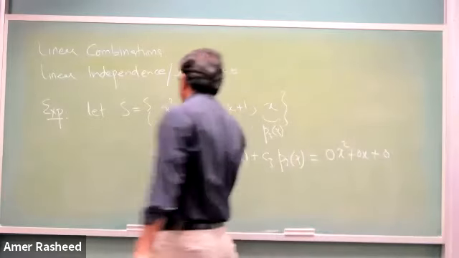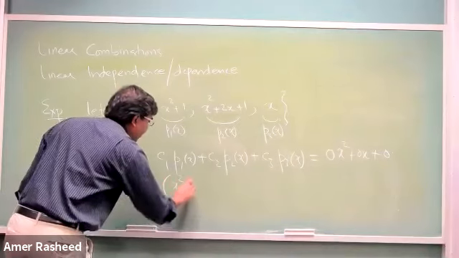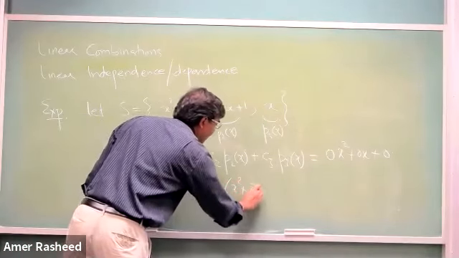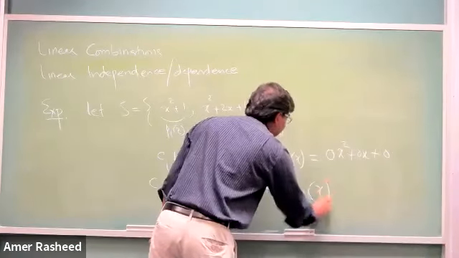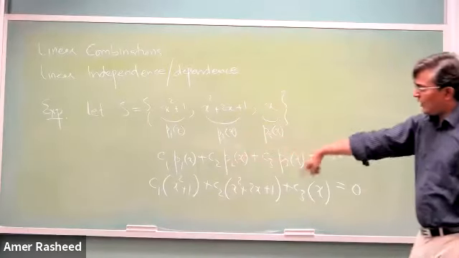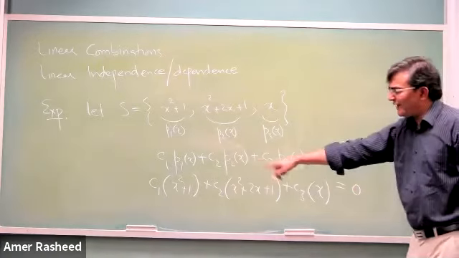What do we do here? We write C1 times (x squared plus 1) plus C2 times (x squared plus 2x plus 1) plus C3 times x equal to 0. Now, you can separate the coefficients of like powers of x on the left hand side.